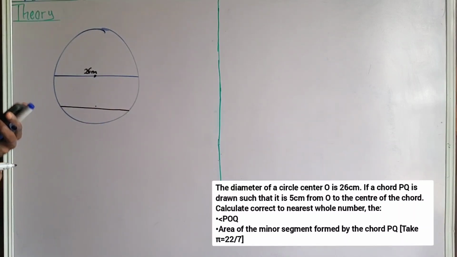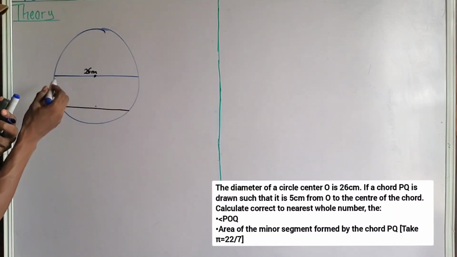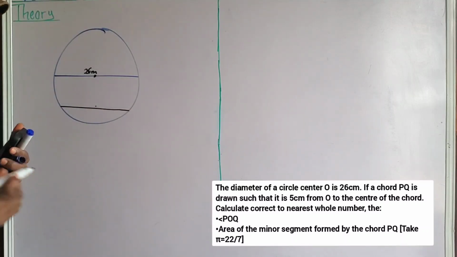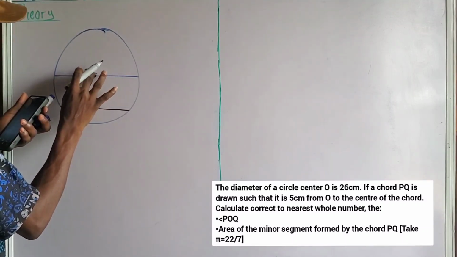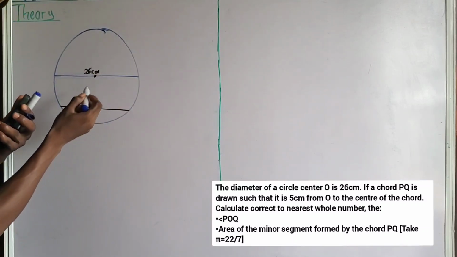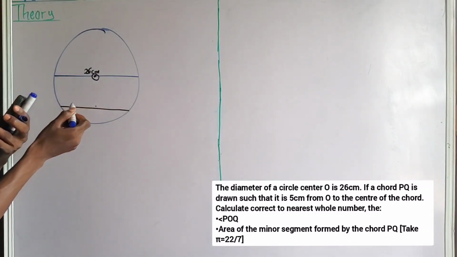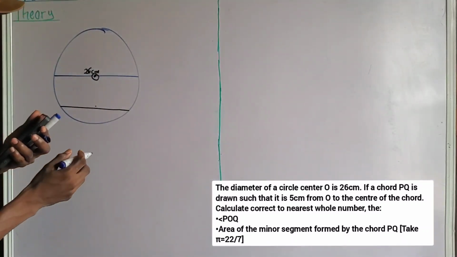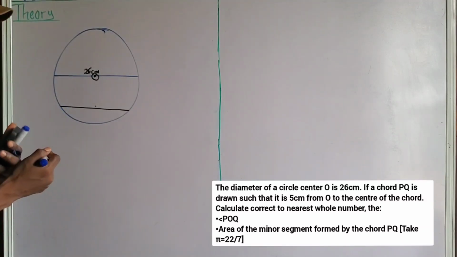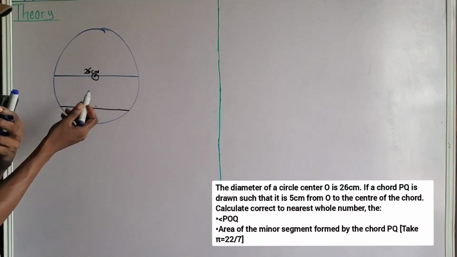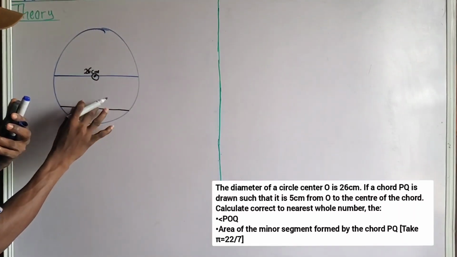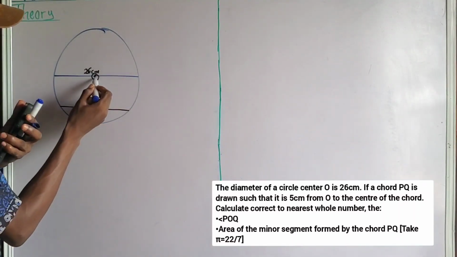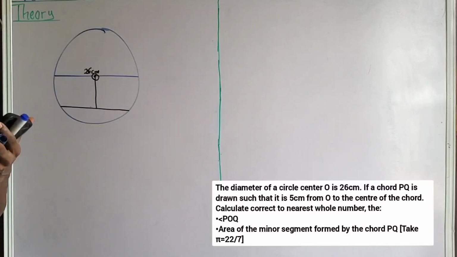Listen to the question again. The diameter has been given as 26. Let me see. Okay, it's not meter, it's 26 centimeters. And they say that the center is represented as O. Now, they said a chord is drawn such that it is 5 centimeters away from the center. So the distance between center O and the chord that is drawn is 5 centimeters. Do you understand? Okay.